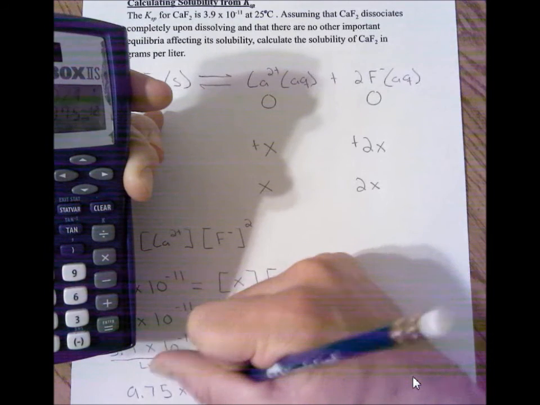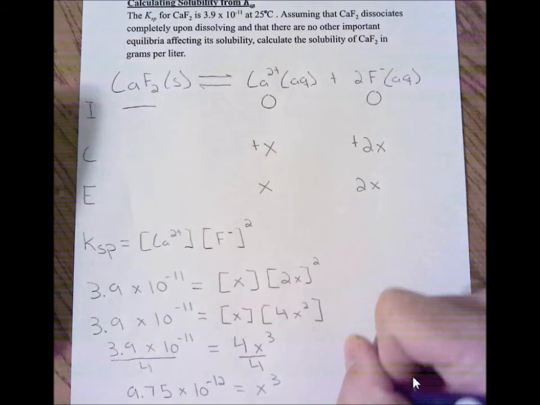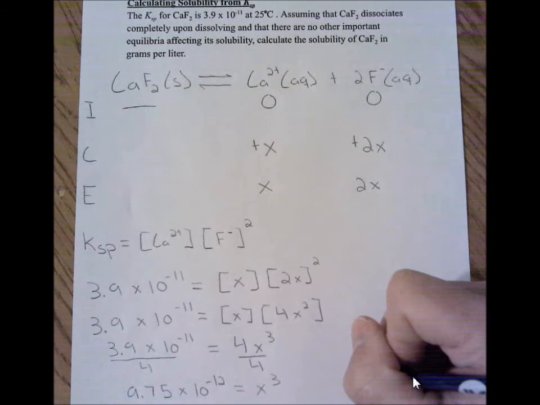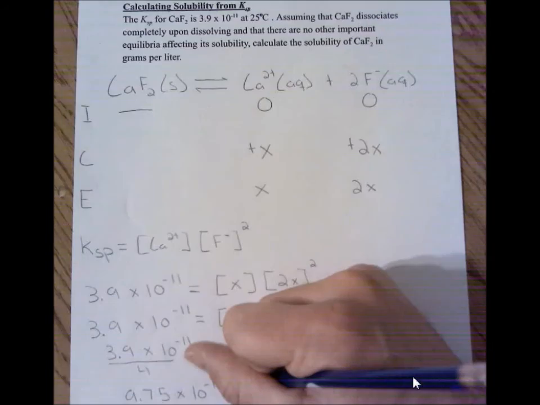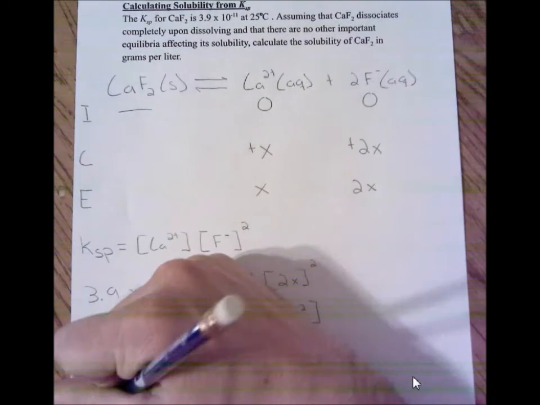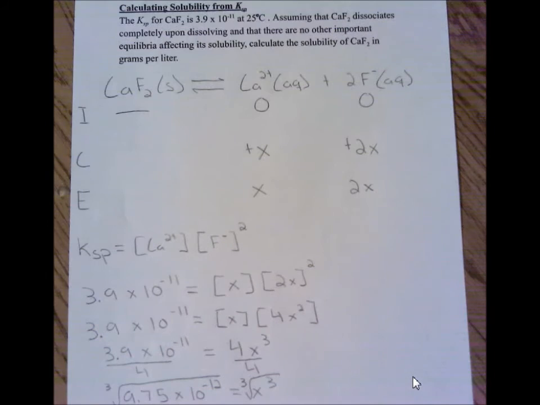Now, to get rid of the cube, we're going to take the third root. Each side needs to have the cube factor removed by taking the cube root.